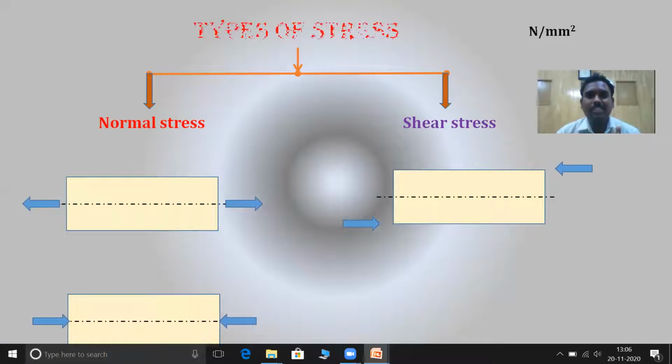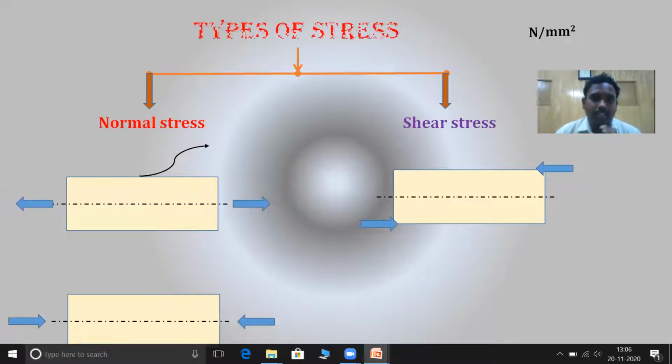So this is the major difference between normal stress and shear stress. In case of normal stress, whether it is a compressive load or tensile load, both the loads will act along the axis. Whereas in case of shear stress, the load acts along the surface.